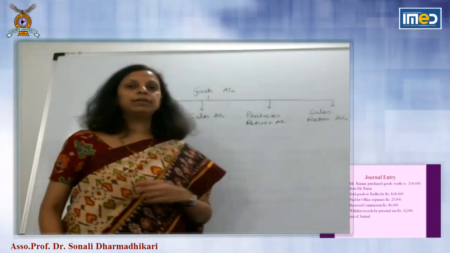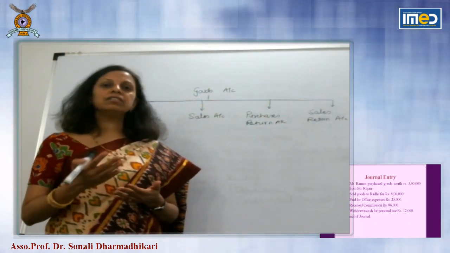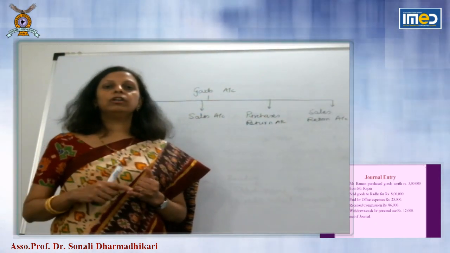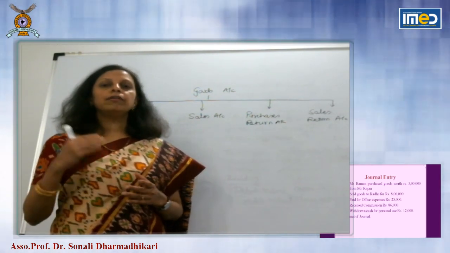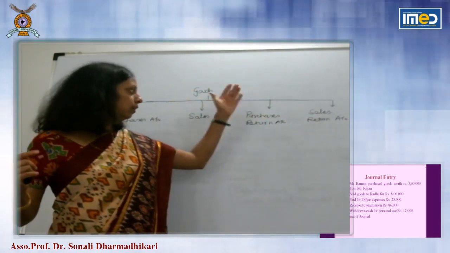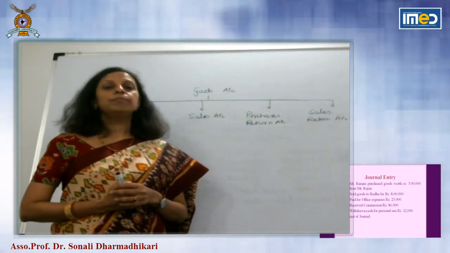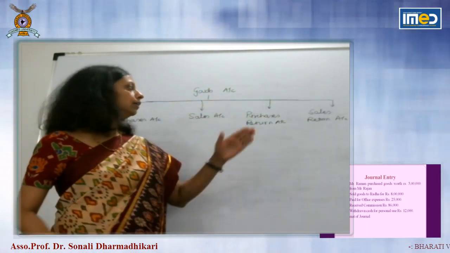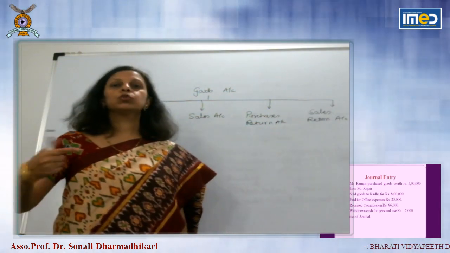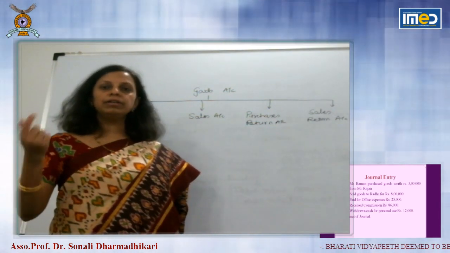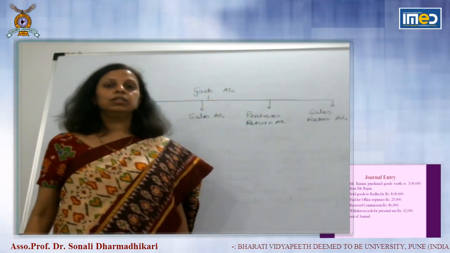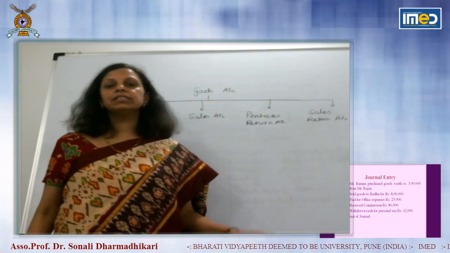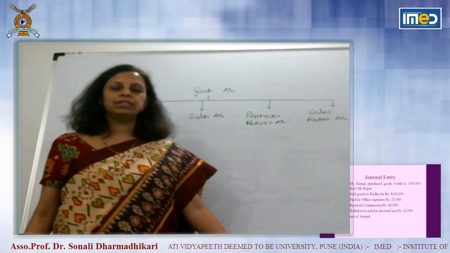Now these are the four accounts which arise from goods. After purchases, due to various reasons, maybe the goods are not as per quantity, as per quality, or are defective, you return goods, and that is called purchase return. In the same way, when you have sold goods and the customer returns goods, it is called sales return. There are various reasons why the customer returns goods.